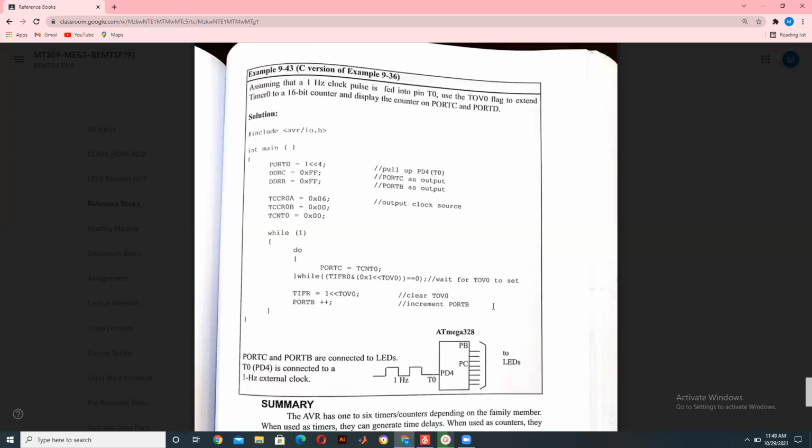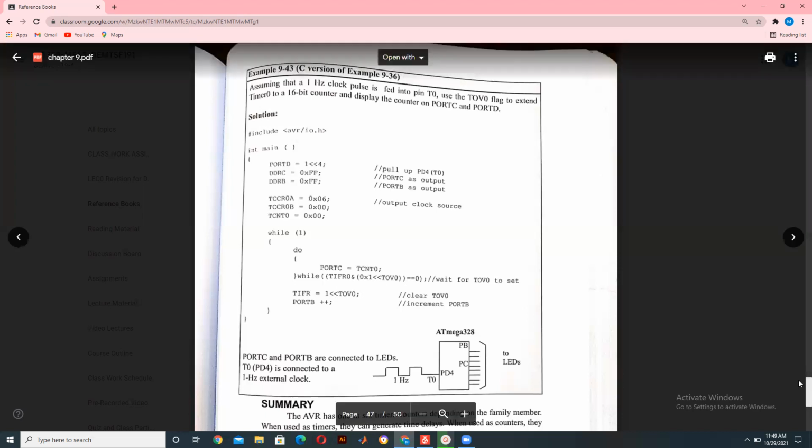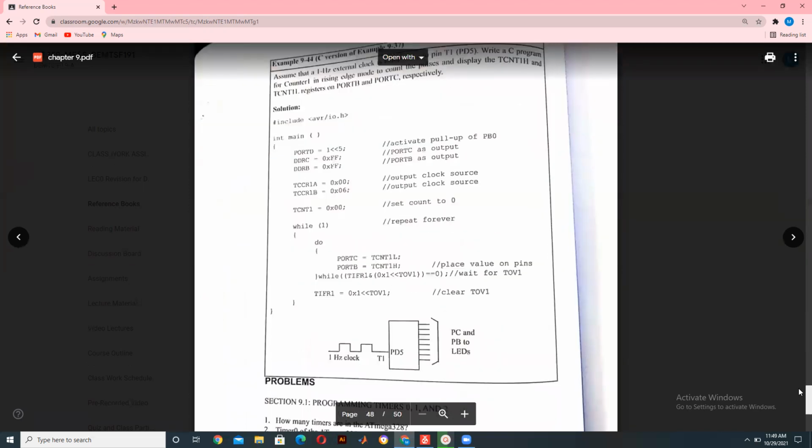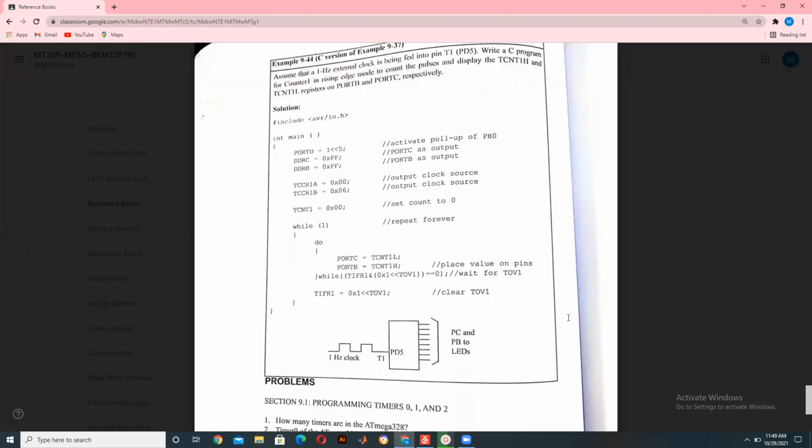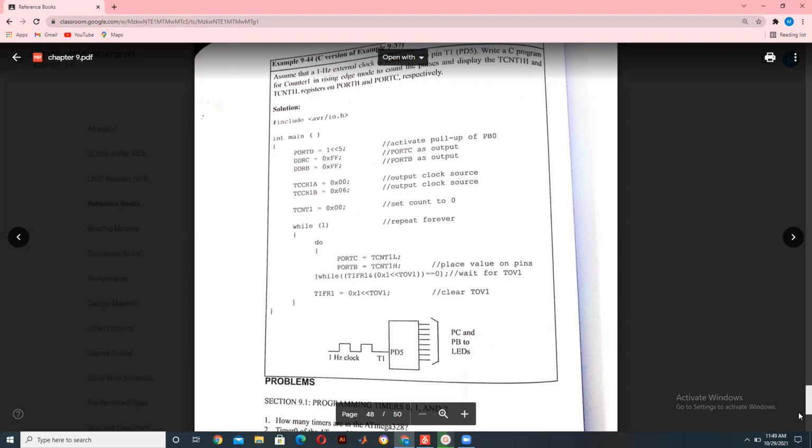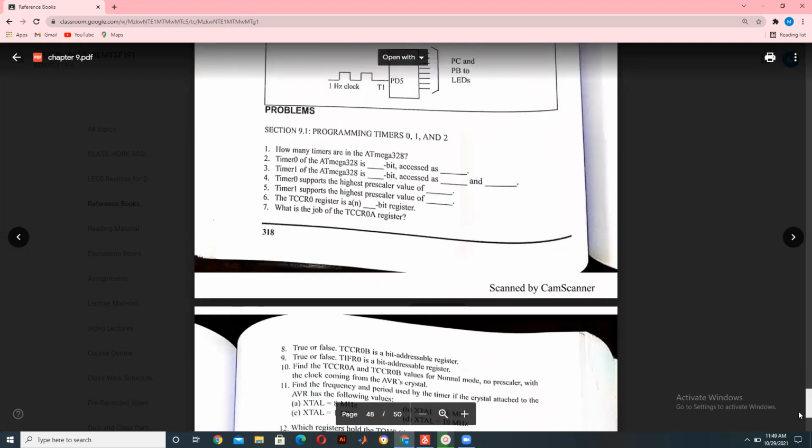After this is raised, it would come out of the loop, this command will clear it, and PORTB would be incremented. And then we go again, it is same as before, and we would be going again and again in the do while loop.